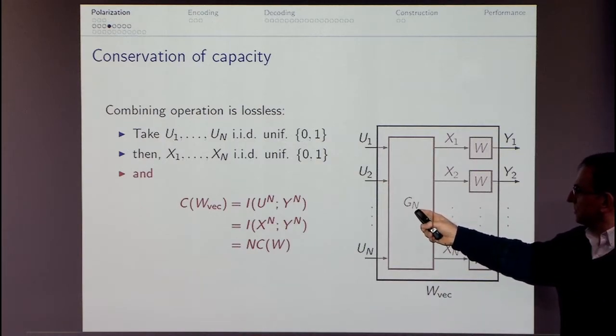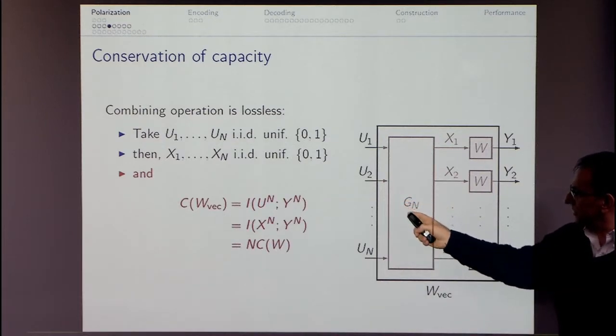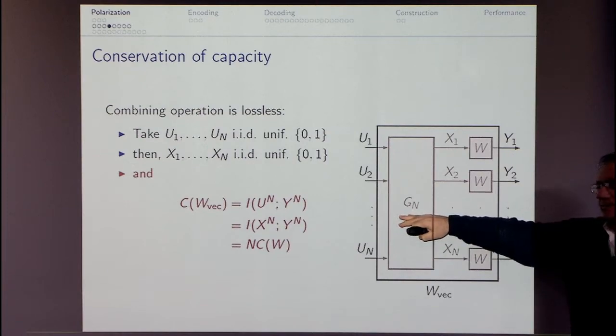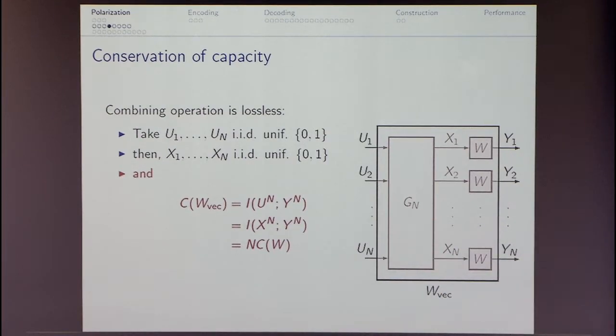So the real essence of my talk here, polar coding, is to have a GN here, which has some structure, which achieves polarization, but can be implemented using low complexity encoding and decoding algorithms.